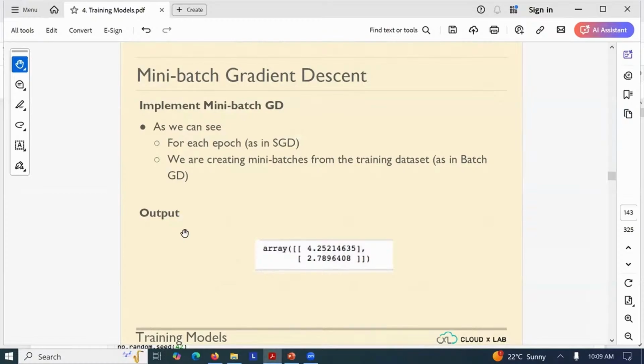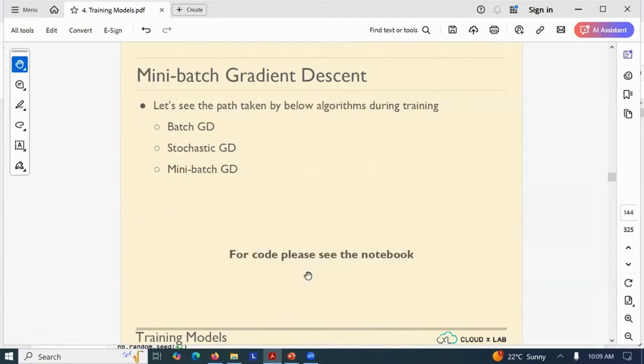After iterating multiple times, we will get the optimal value of parameters, theta 0 and theta 1.